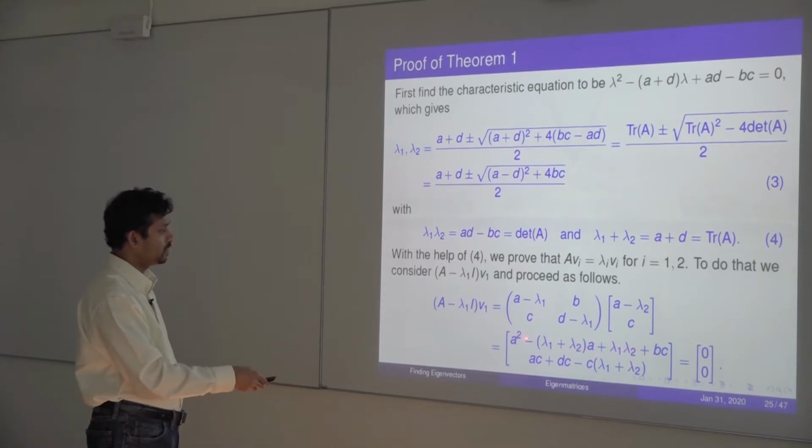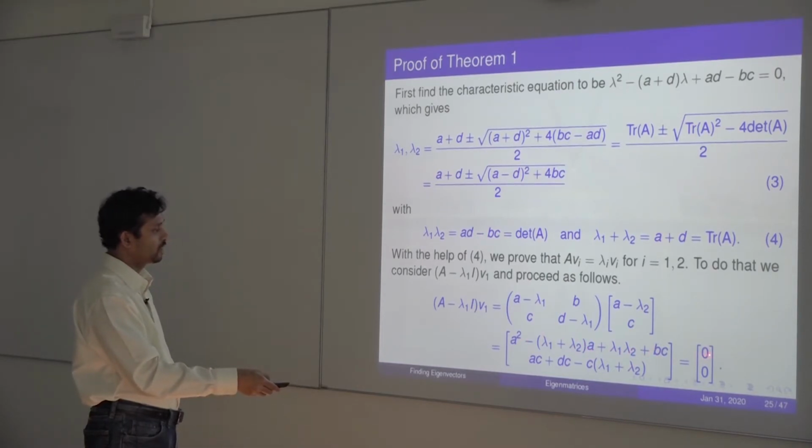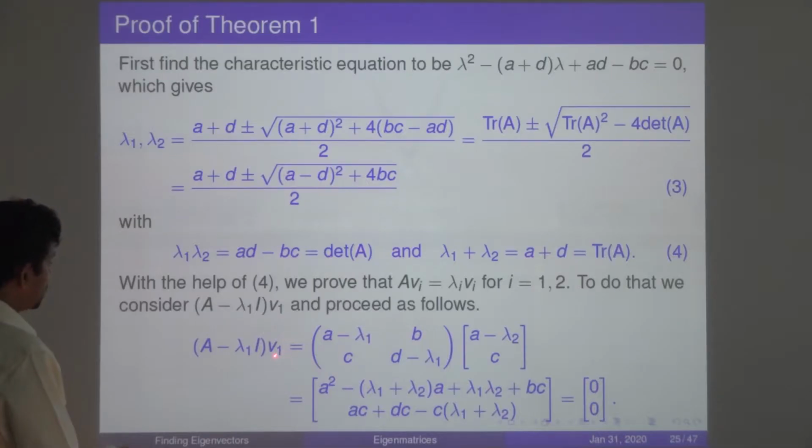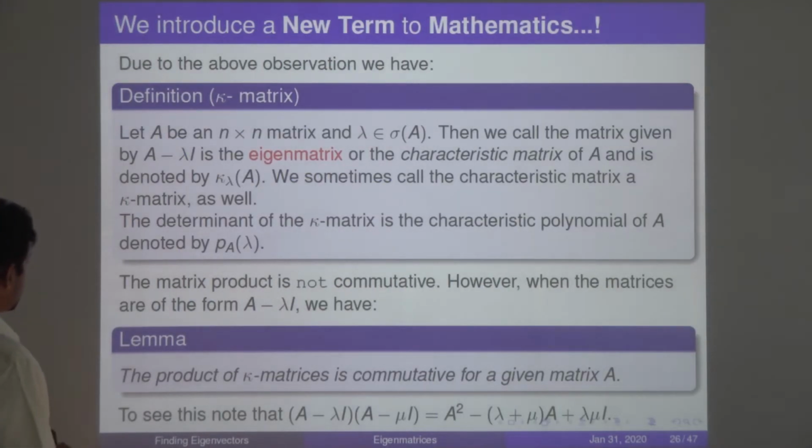Once you plug that in, you can see it simplifies very well and you get 0. So that means it works, because we need to check whether multiplying with a vector gives 0. Yes, you get 0. And we assume this vector is not equal to 0, so yes, this is an eigenvector. This is a proof for the 2 by 2 case.